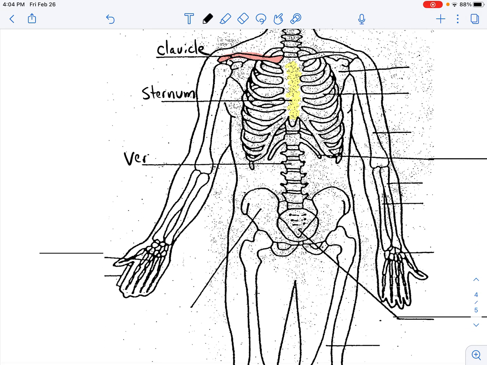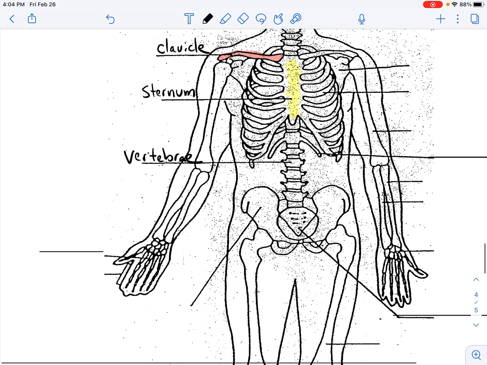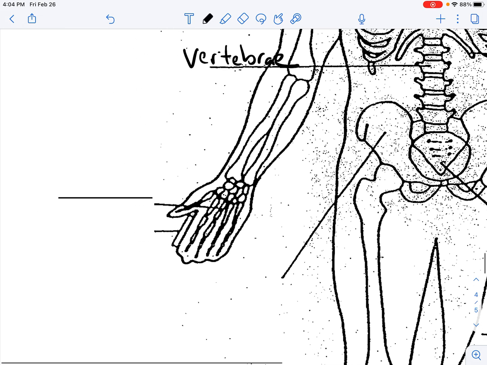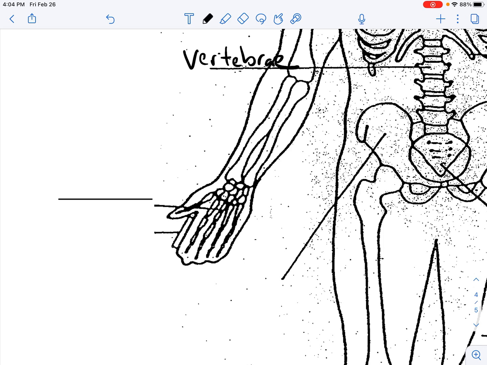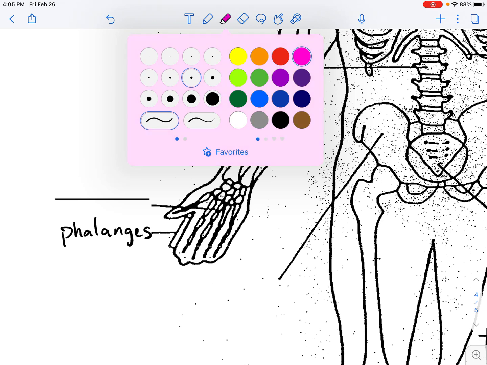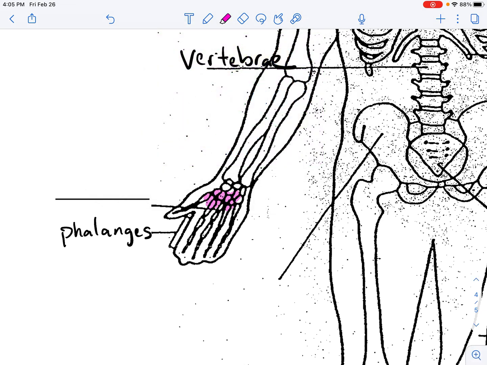Continuing down, we have vertebrae. And then over here in the hand, we have your phalanges, which are your fingers. And then we have your wrist bones. So let me highlight those. And your wrist bones are called your carpals.